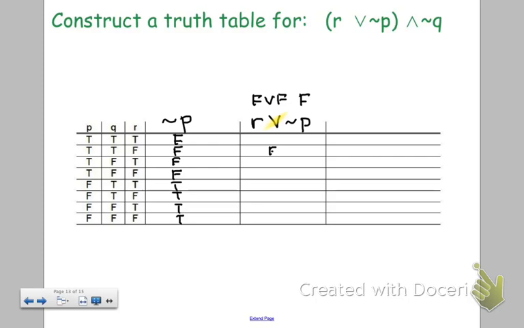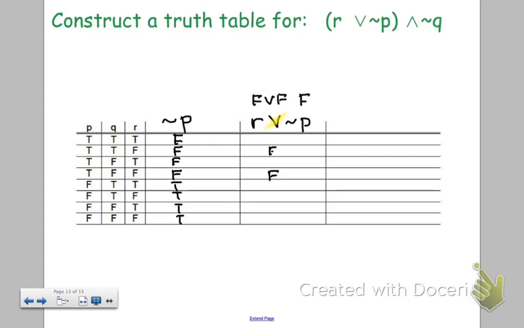Third row, true, false. Nope. Fourth row, false, false is false. Okay. That was the 5th row, true, true. Nope. 6th row is false, true. Nope. 7th row is true, true. Nope. 8th row is false, true. Nope. So the only rows where I got the combination false, false is false are my 2nd row and my 4th row.